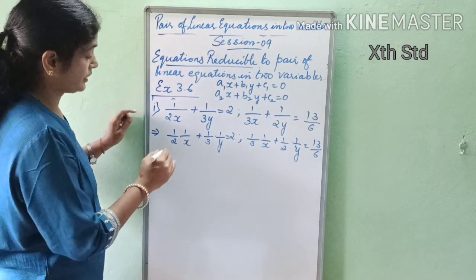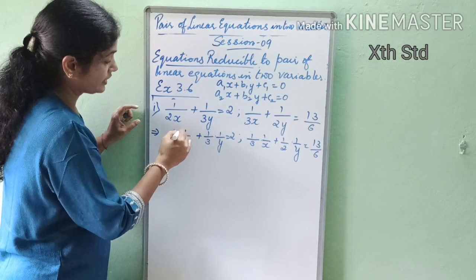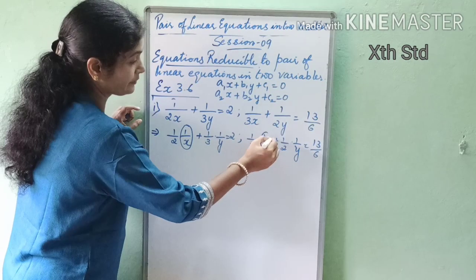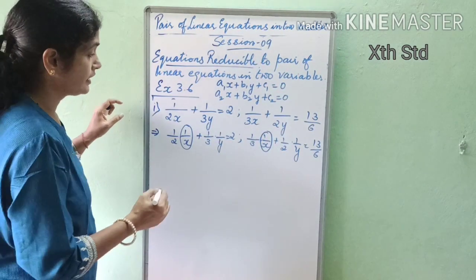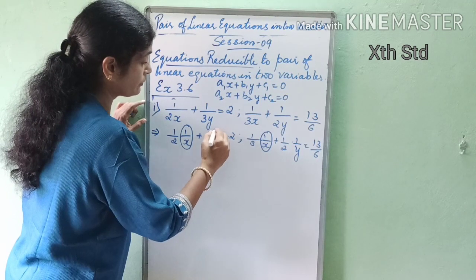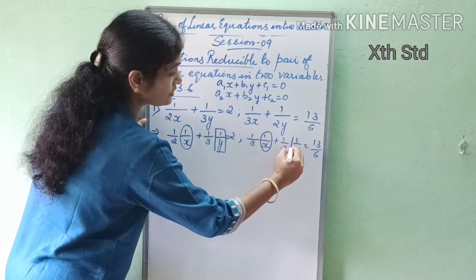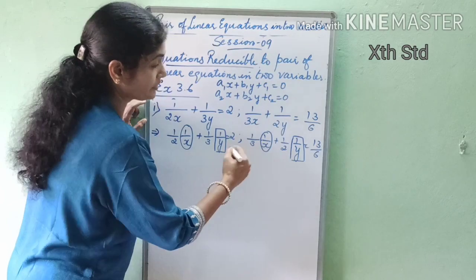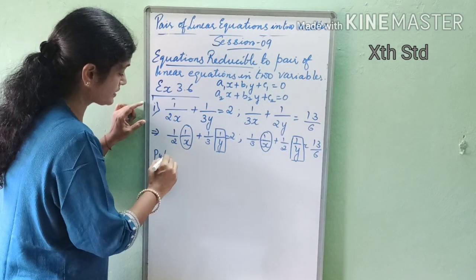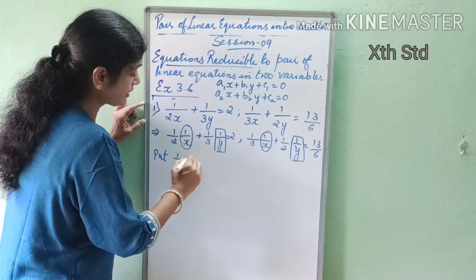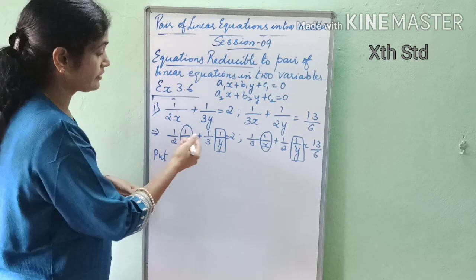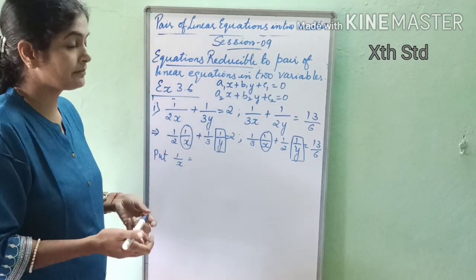Now look carefully. If we substitute this 1 by x and this 1 by y with suitable variables, all these are common in both the equations, right? So we will put 1 by x equal to any alphabet apart from x and y, because otherwise it will become a confusion.